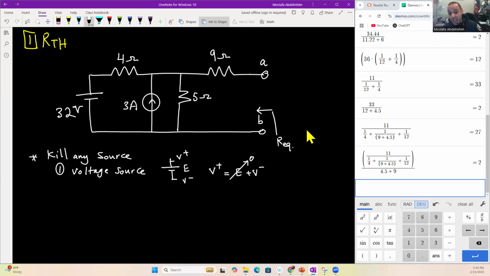So the way to kill a battery or a voltage source is to cancel its voltage output, to make the difference between the positive and the negative 0. How to do that? Put a short circuit.